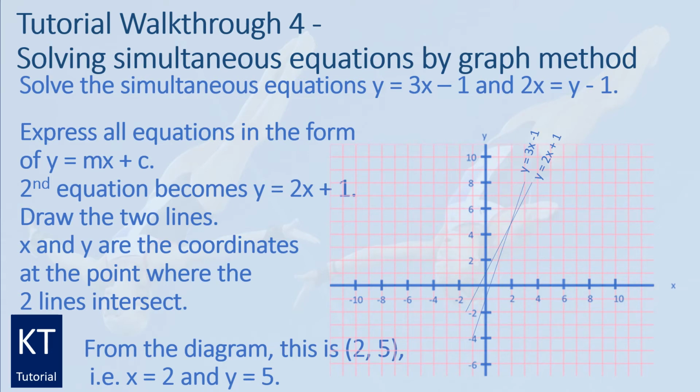Next, draw the two lines. The required x and y are the coordinates at the point where the two lines intersect. From the diagram, this is the coordinate 2, 5. Therefore, x is equal to 2 and y is equal to 5 for the given simultaneous equations.